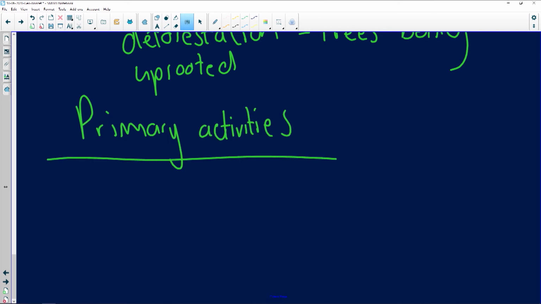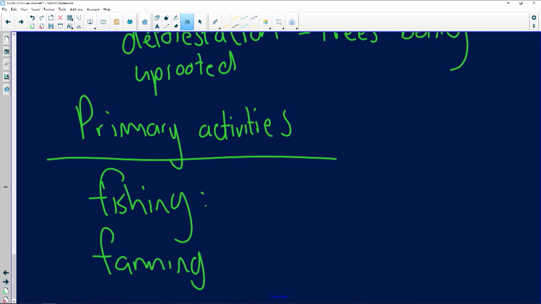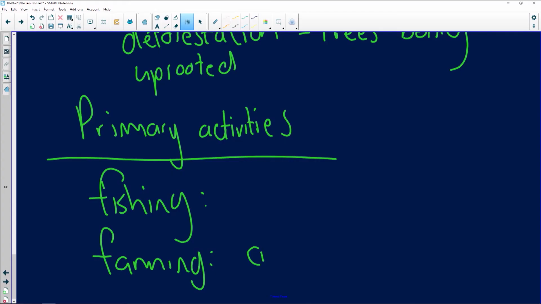And when we look at primary activities, we're talking about fishing and farming. Now, with a storm of this magnitude, you'll definitely not be able to fish. And it's a staple food for many Mozambican people. Now, let's assume he was a farmer with crops. Most of the time, unfortunately, all these crops are going to be destroyed.